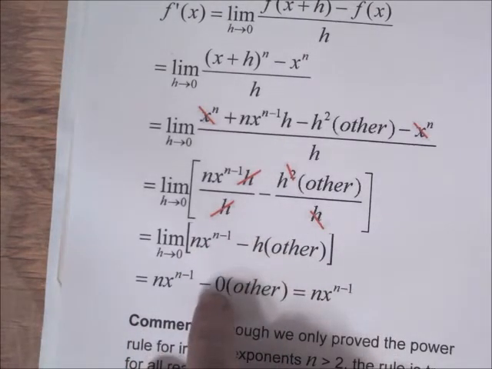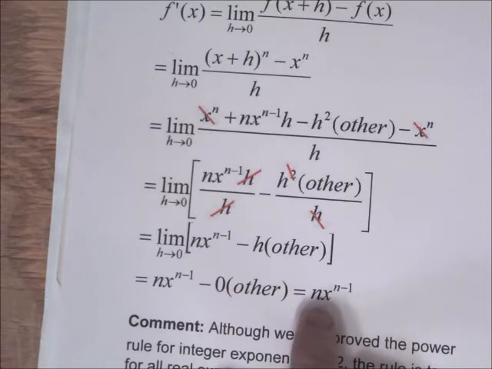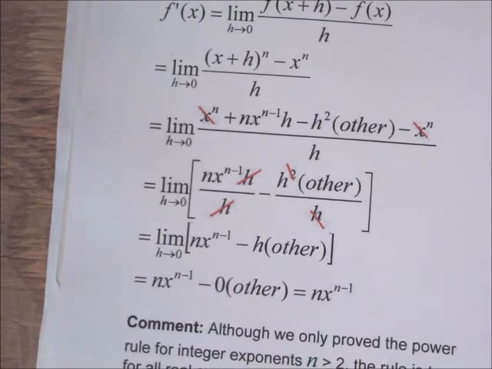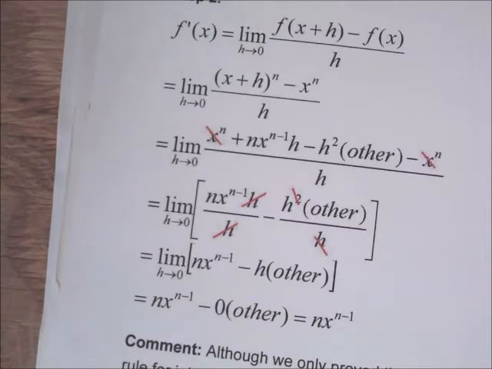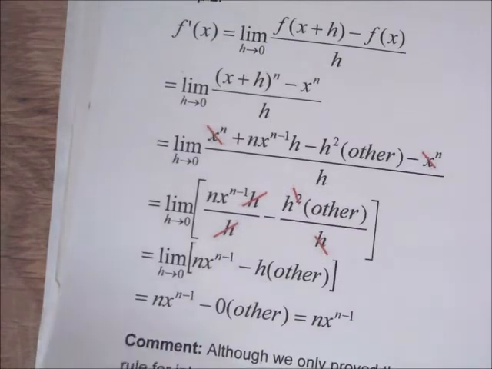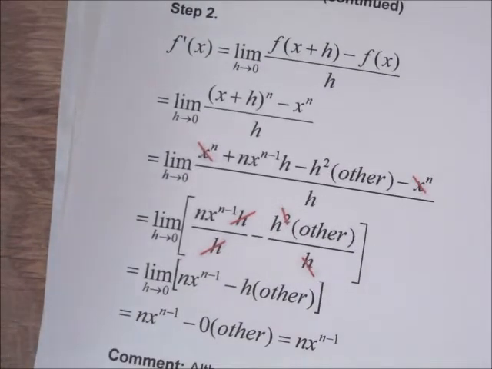So now if we take the limit, if h is 0, this is 0 times some other terms that's going to disappear, and we're just left with n times x to the n minus 1. So anyway, this proof is good for integer exponents greater than 2. I'm not going to try to prove it in its most general form, but it's actually true for all real numbers.